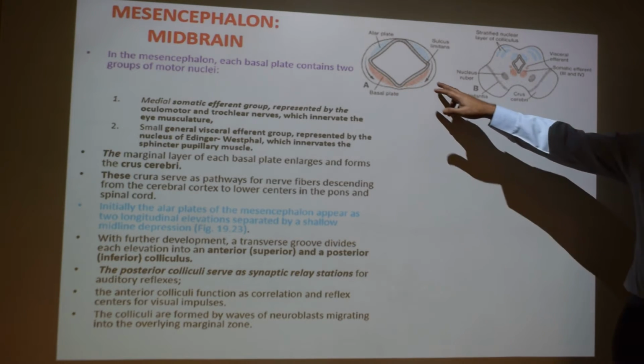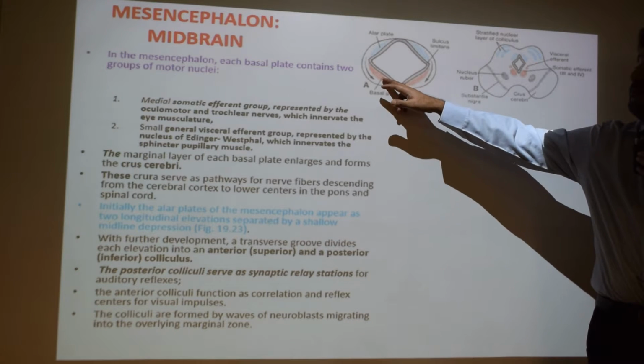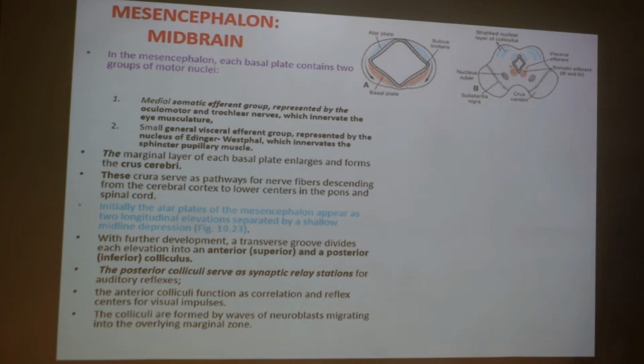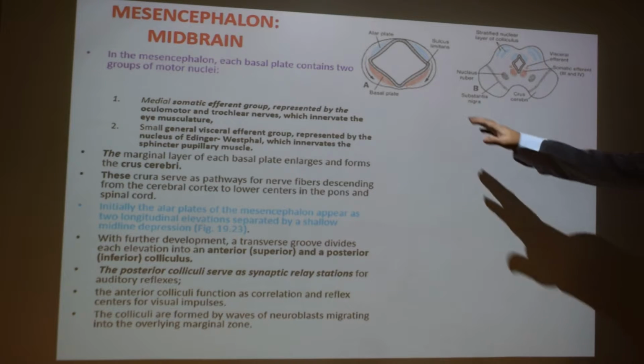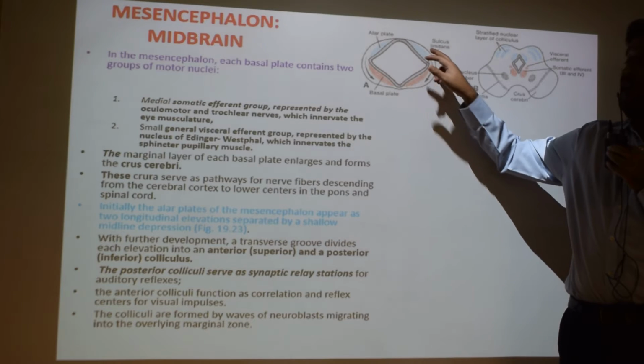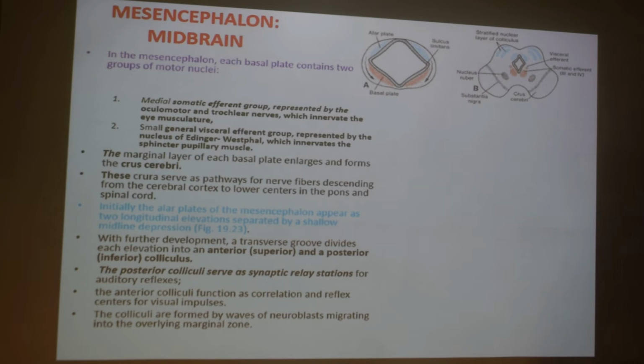The marginal layer from the basal plate is going to give rise to the crus cerebri, which contains the fibers passing through the anterior part of the midbrain. The alar plates are going to give rise to the superior colliculus and inferior colliculus.